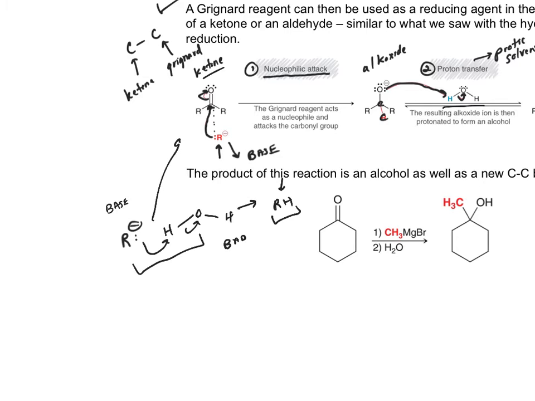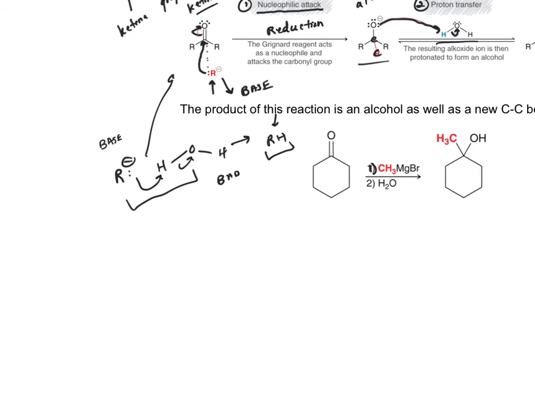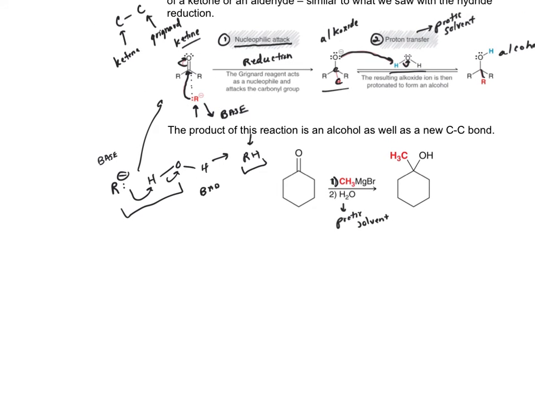So because of that, we have to do this reaction in two separate steps, where we have our nucleophilic attack occurring first. We have our alkoxide product, and then in the second step, that's when we're going to add in our protic solvent to protonate that alkoxide and end up with the alcohol at the end of the day, okay?